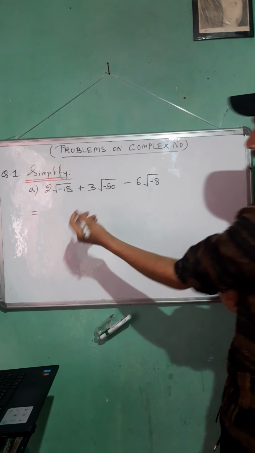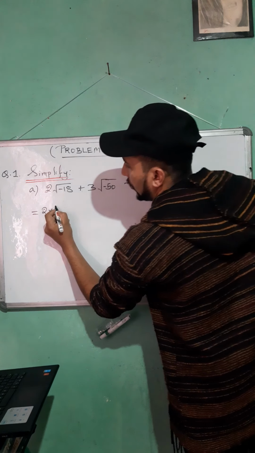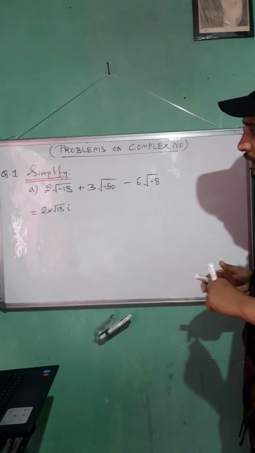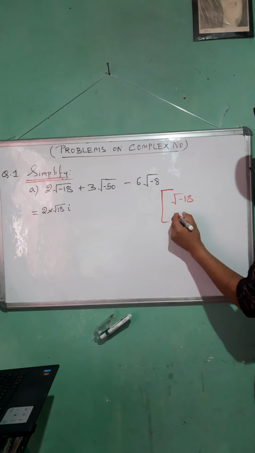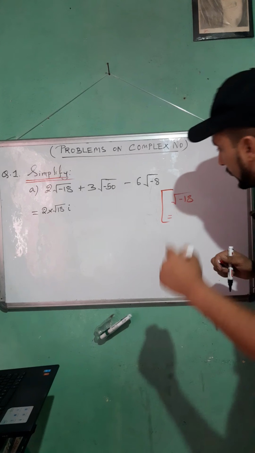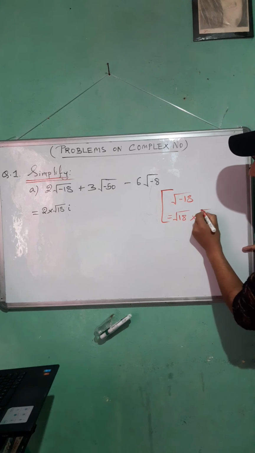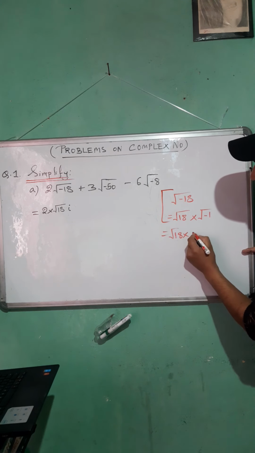So you have to simplify this. 2 remains as it is into root under minus 18, which means root under 18i, because I have already explained in the formula section in the first video, you have to write root under 18 into root under minus 1. So root under 18 remains as it is, root under minus 1 means i.